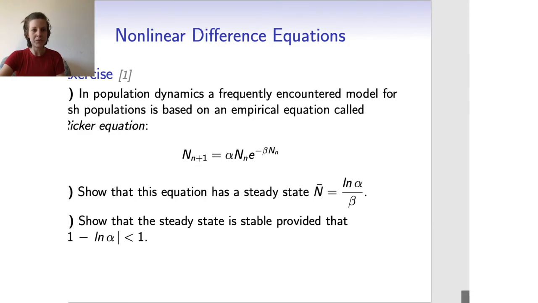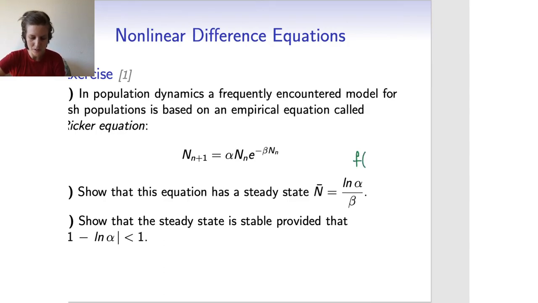Exercise 7. In population dynamics, a frequently encountered model for fish population is based on an empirical equation called the Ricker equation. So letter A, show that this equation has a steady state given by this. For doing that, you just take that approach.